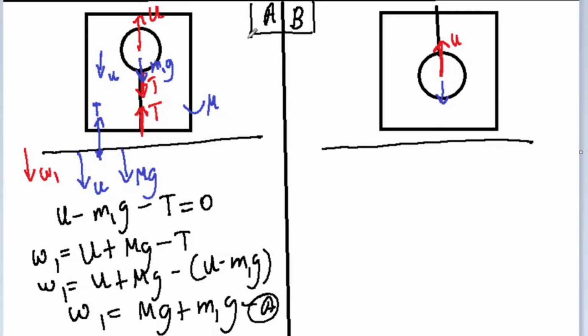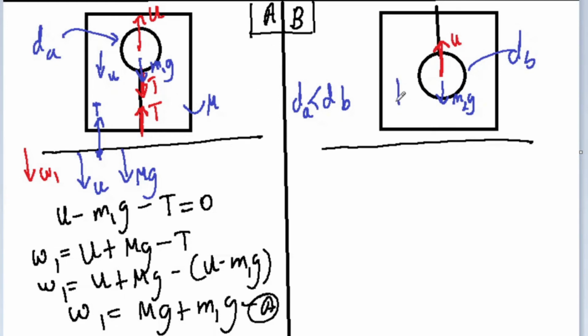This has a density dA, this has a density dB, and dA is less than dB. So this is how we arrange the system. And this weight, let's call it m2g, left over here. And similarly to this system, this upthrust will create a reaction upthrust. It will act at this point. I'm just going to mark it here. And that upthrust, it's a force.